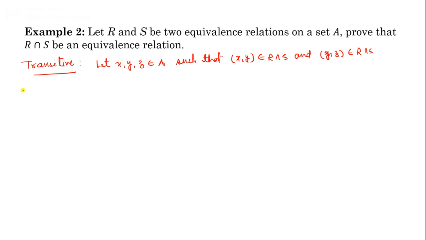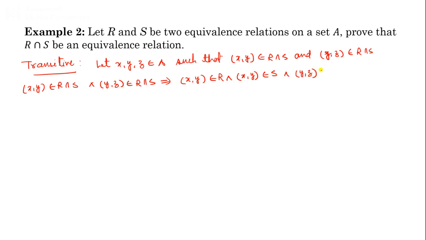This implies (x, y) belongs to R and (x, y) belongs to S, and (y, z) belongs to R and (y, z) belongs to S.